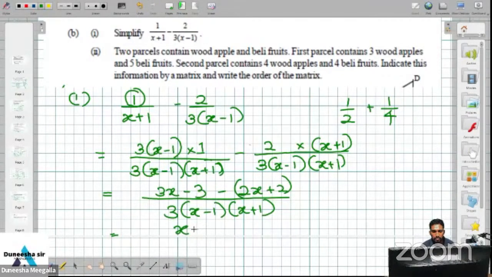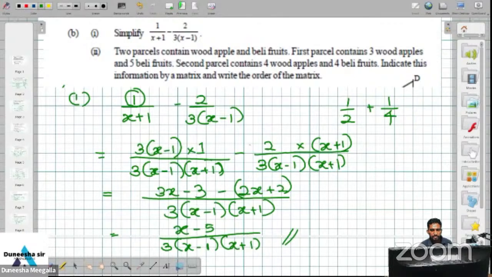Minus 3 minus 2 is minus 5. So x minus 5 over (3x minus 1)(x plus 1). Okay, this is the answer.